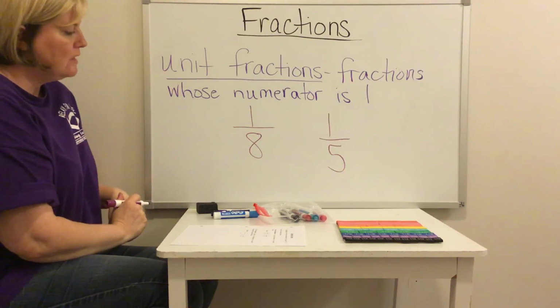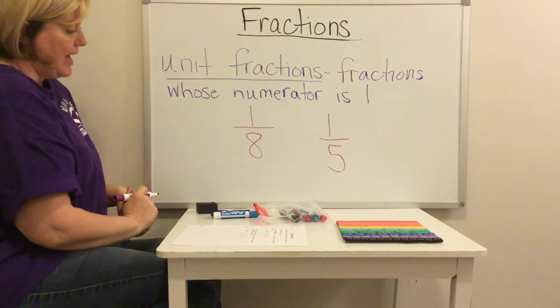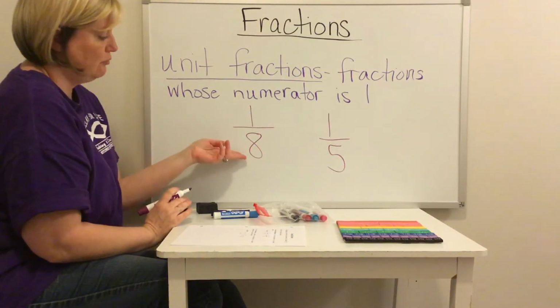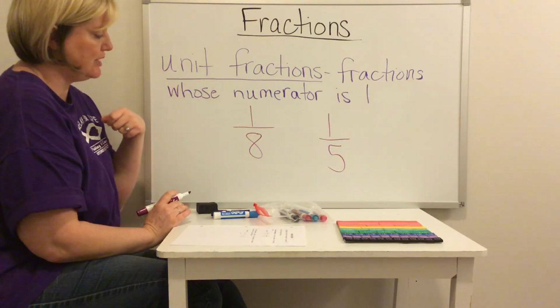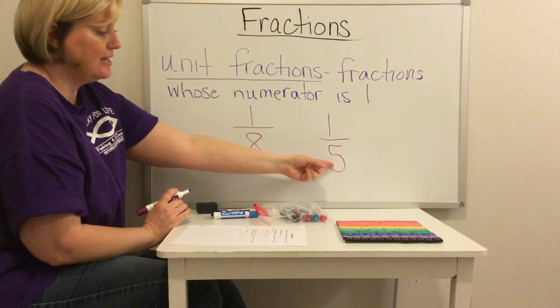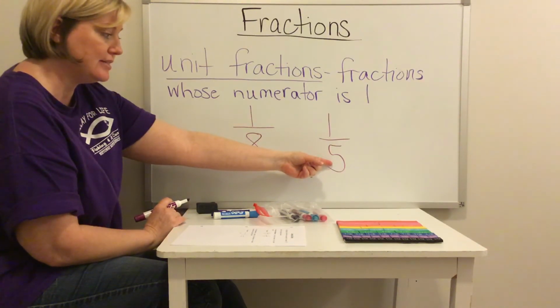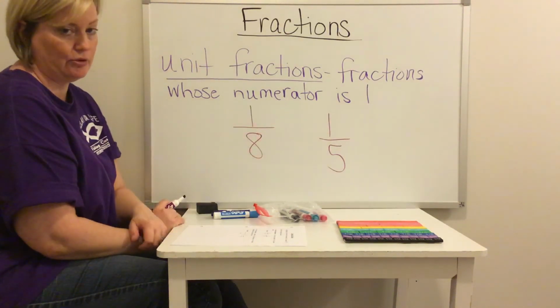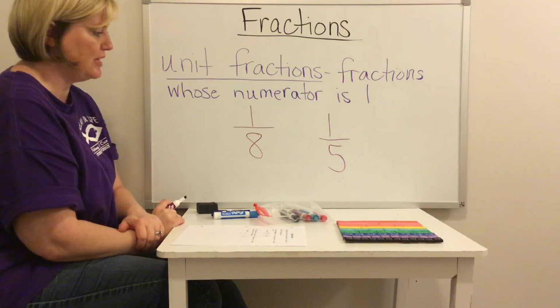Okay, so if we had a candy bar and we divided it into 8 pieces and we got one of those pieces, then a same size candy bar, we divided it into only 5 pieces and we get one of those 5 pieces. Which one is going to be a larger piece?